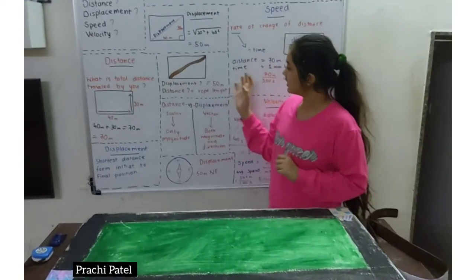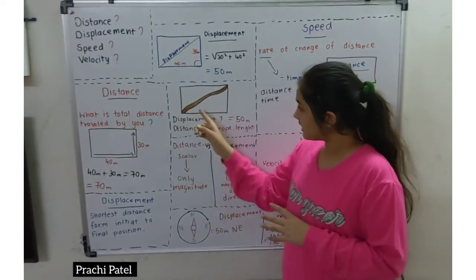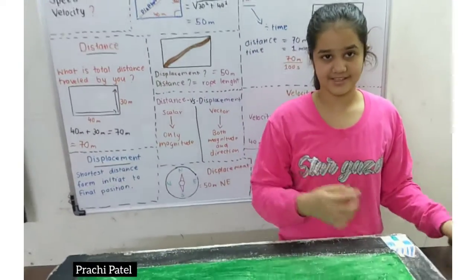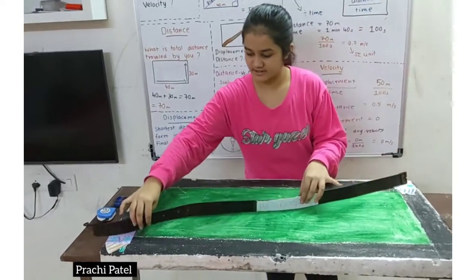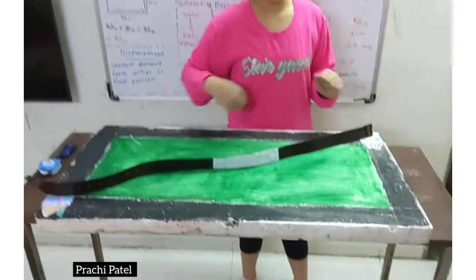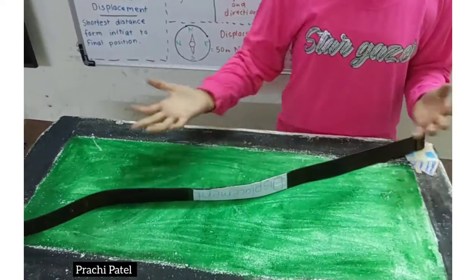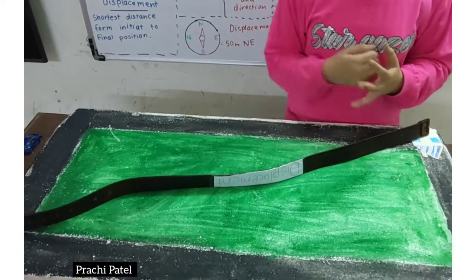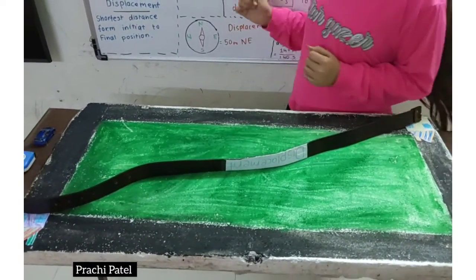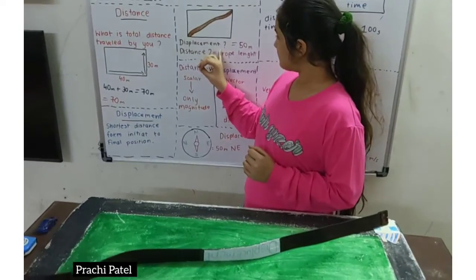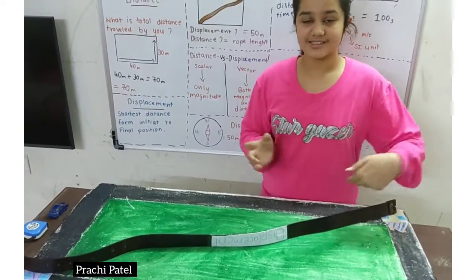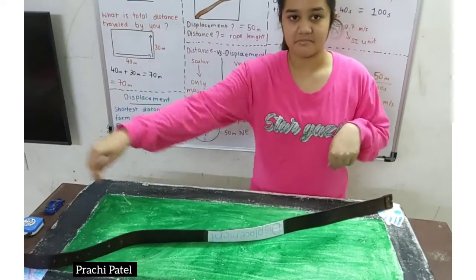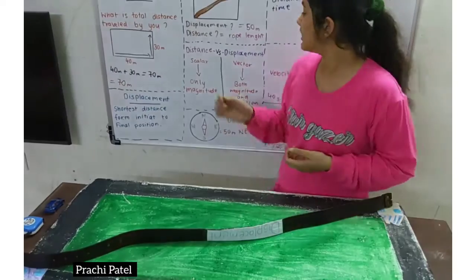Now let's see if I have a curved path, not the straight path but something like this. How will I calculate the distance and the displacement in this case? The displacement will be the same because it doesn't matter whether the road is curved or straight, but the distance is the same because the path is not changed.